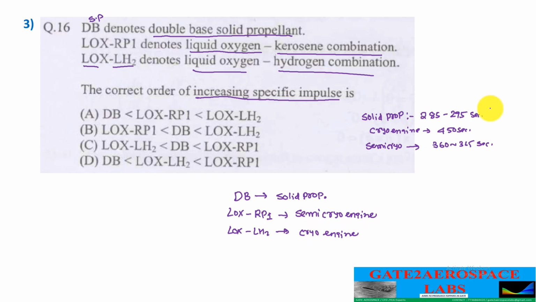From our ranges, for this we will have around 285 to 295 seconds Isp, for this around 360 seconds, and for this around 450 seconds. Now if you arrange this, this will have the maximum and this is the minimum. So if you see the options, A is satisfying our criteria. So A is the answer.